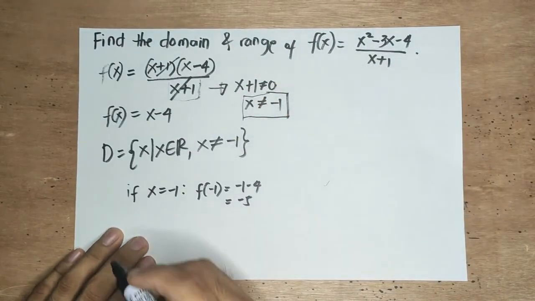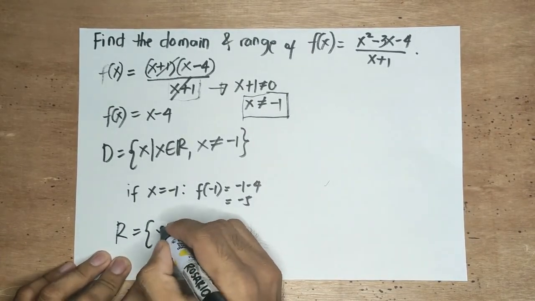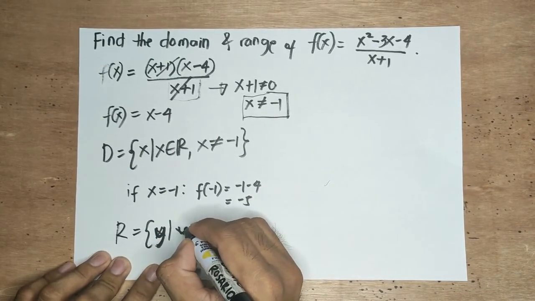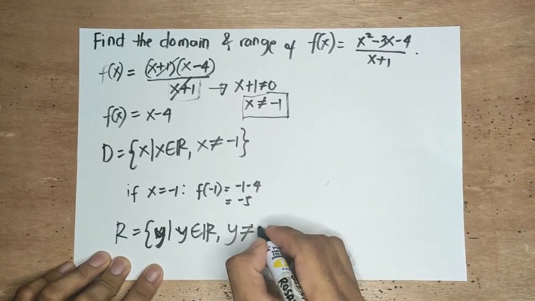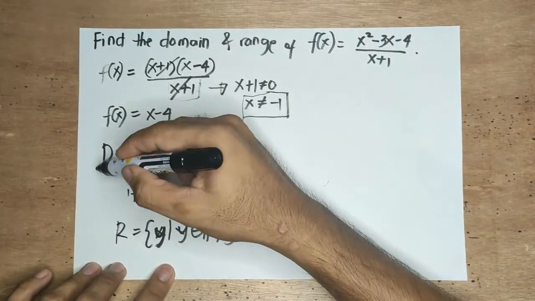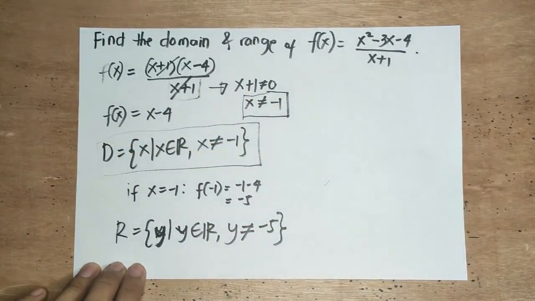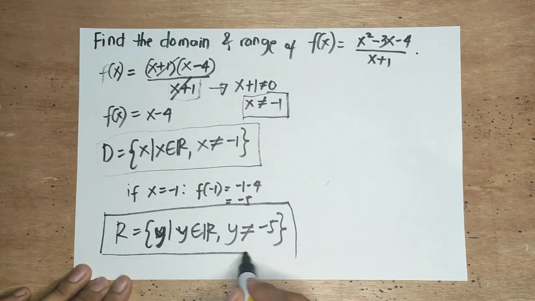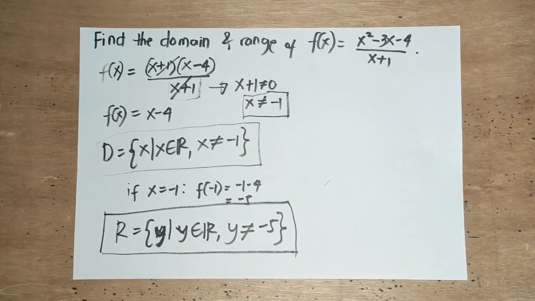Okay, so meaning our range will be the set of all x's such that, I mean this should be y, sorry, such that y is an element of real numbers, comma, y should not be equal to negative 5. Understood? So our domain is set of all x's such that x is an element of real numbers and x should not be equal to negative 1, and our range is set of all y's such that y is an element of real numbers and y is not equal to negative 5.